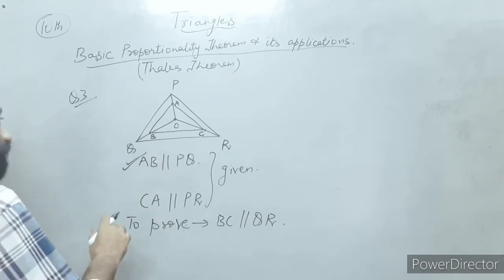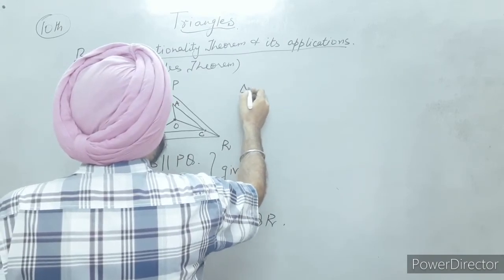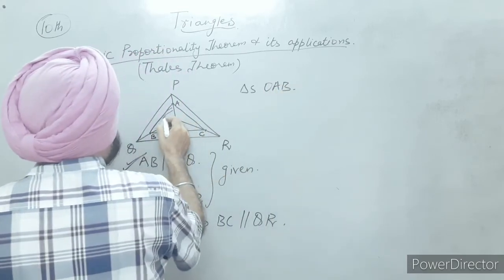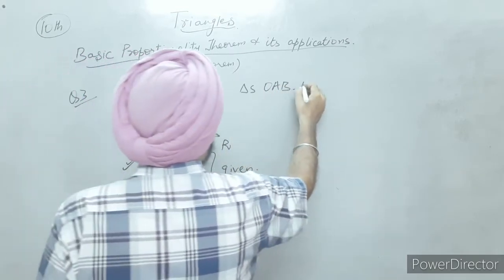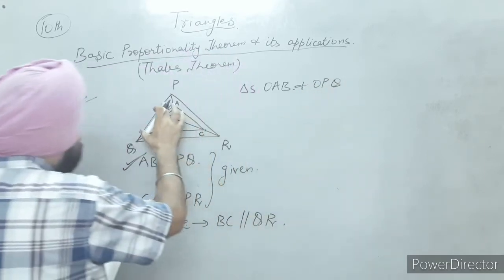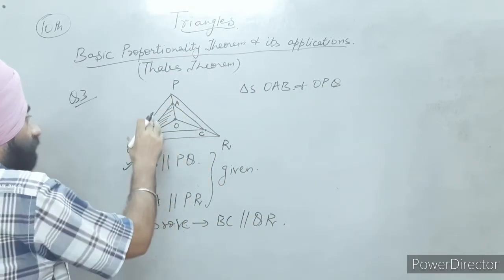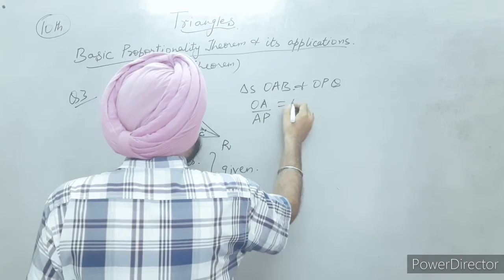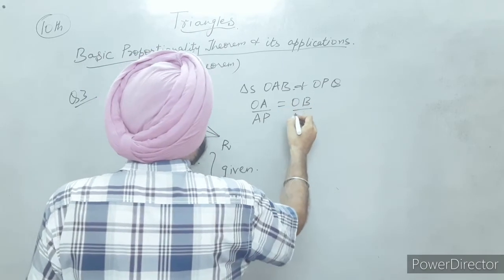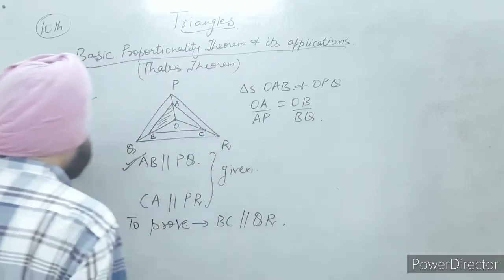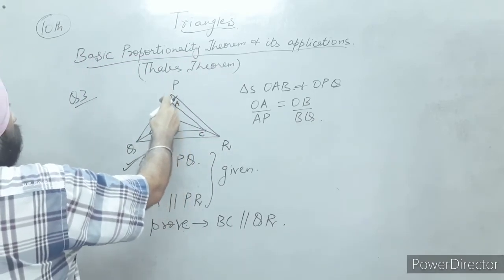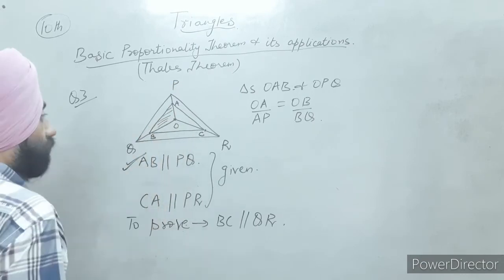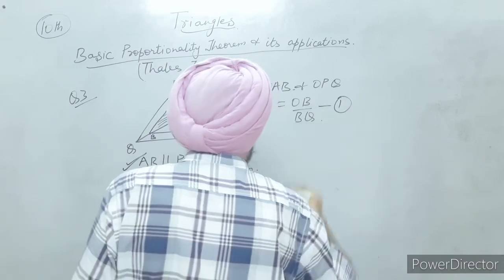AB is parallel to PQ means in triangle OAB and the bigger triangle OPQ, AB is parallel to PQ, therefore OA upon AP is equal to OB upon BQ. This is our number one.